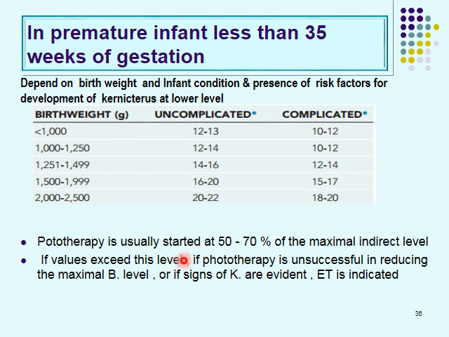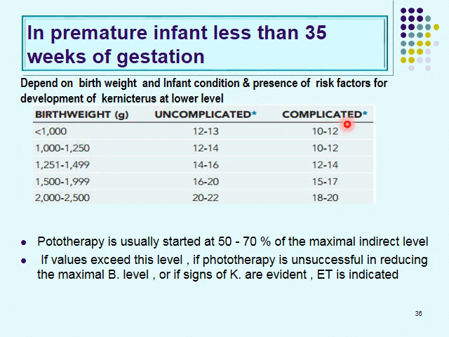Now, all we talked about previously was the infant of 35 weeks of gestation or more. Now in the premature infant, less than 35 weeks of gestation, we have treatment depending on birth weight and infant condition. I mean the presence of risk factors for development of kernicterus at lower bilirubin level.